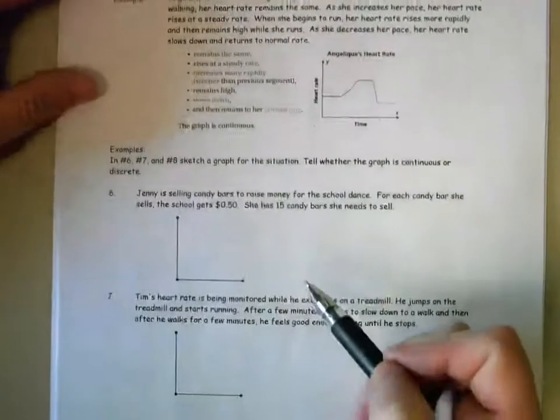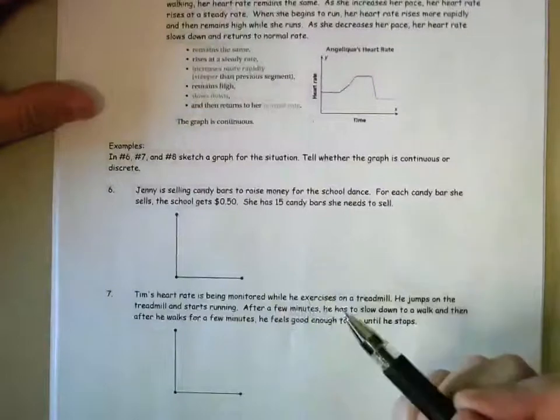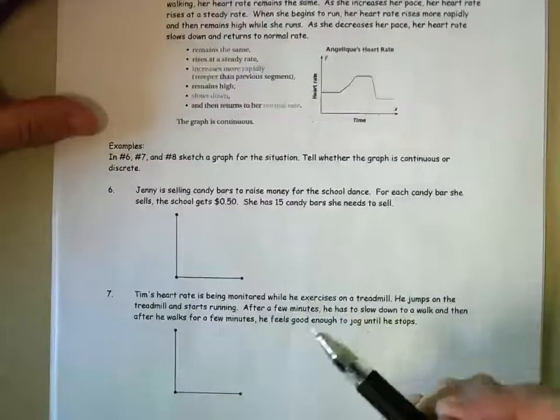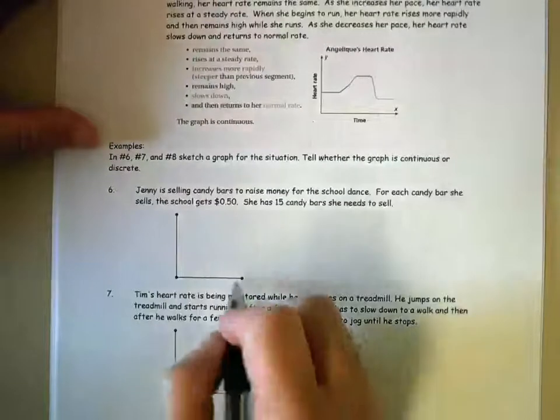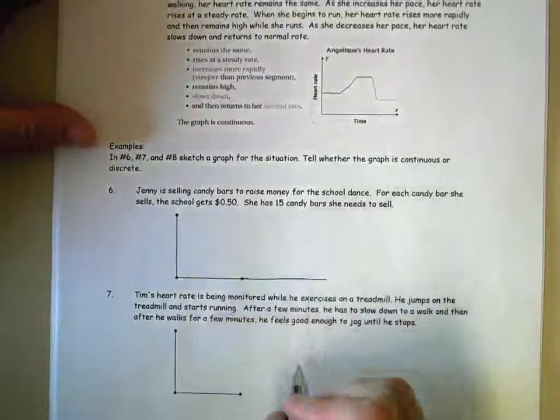Number 6, Jenny is selling candy bars to raise money for the school dance. For each candy bar she sells, she gets 50 cents, and she has 15 candy bars that she needs to sell. We might need to extend this graph a little bit because we have to go to 15.